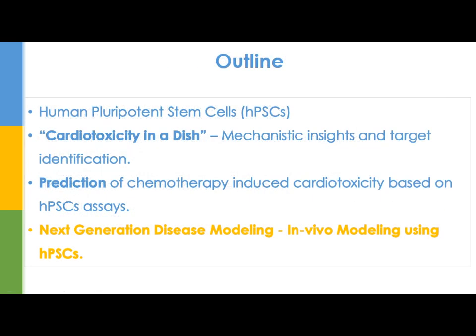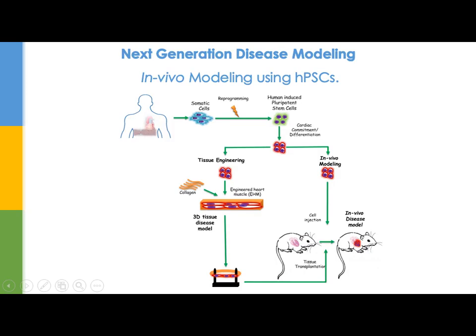What we are currently doing in the lab, especially for genetic cardiomyopathies, but also for chemotherapy-induced cardiomyopathy, is using in vivo modeling of human diseases, what we call, using iPS systems, next generation disease modeling. And the concept is very simple. We take human pluripotent stem cells and differentiate them into cardiomyocytes.